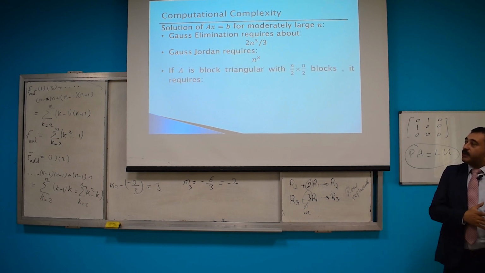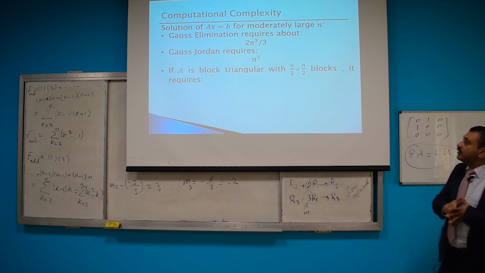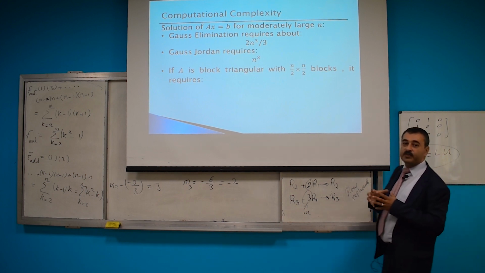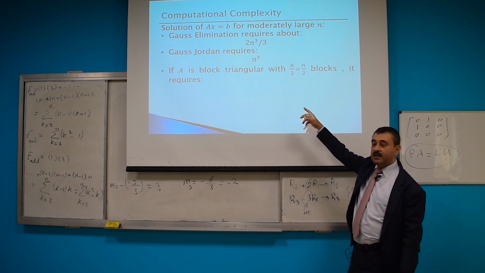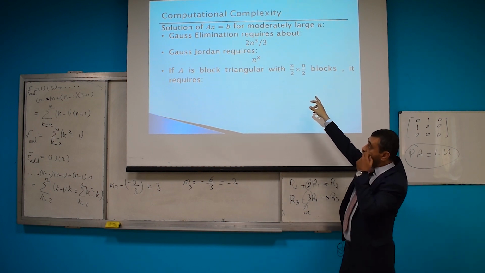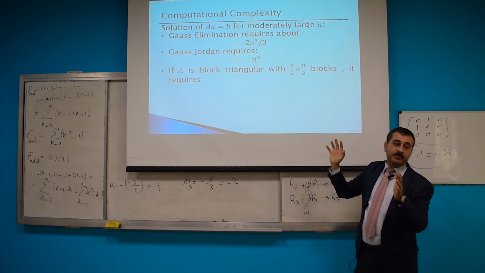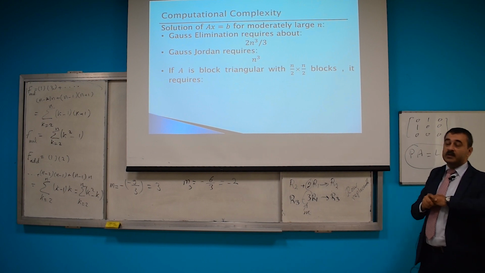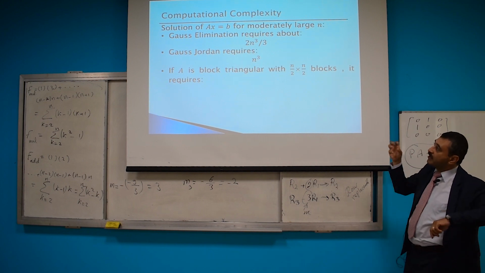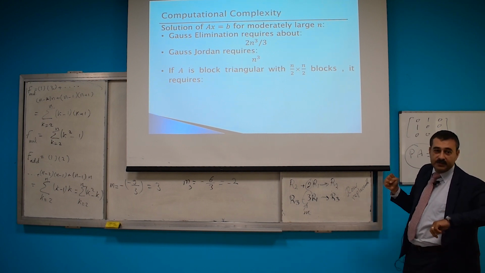However, if you remember the partitioning, if you notice that your coefficient matrix can be written as block triangular, for example, we said that instead of solving the big n by n system, we can divide the problem into two smaller problems, each of which is an n over 2 by n over 2 system.